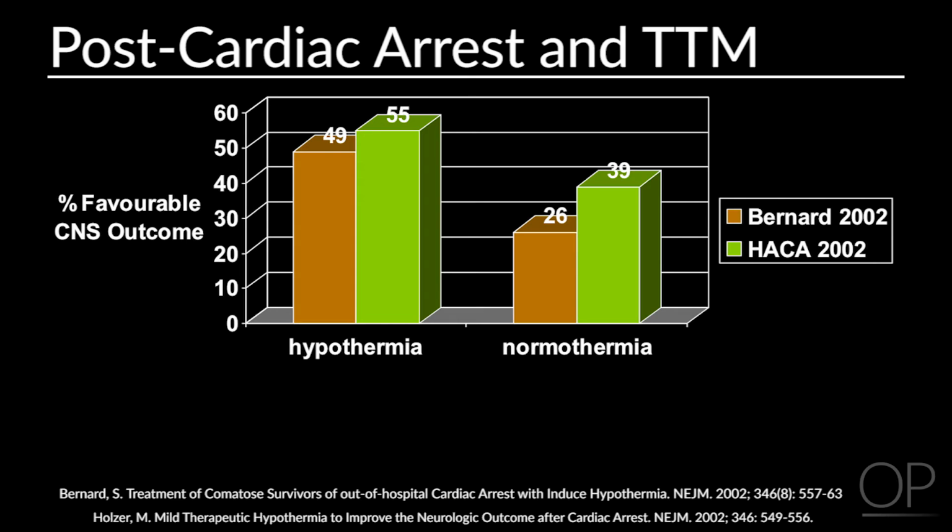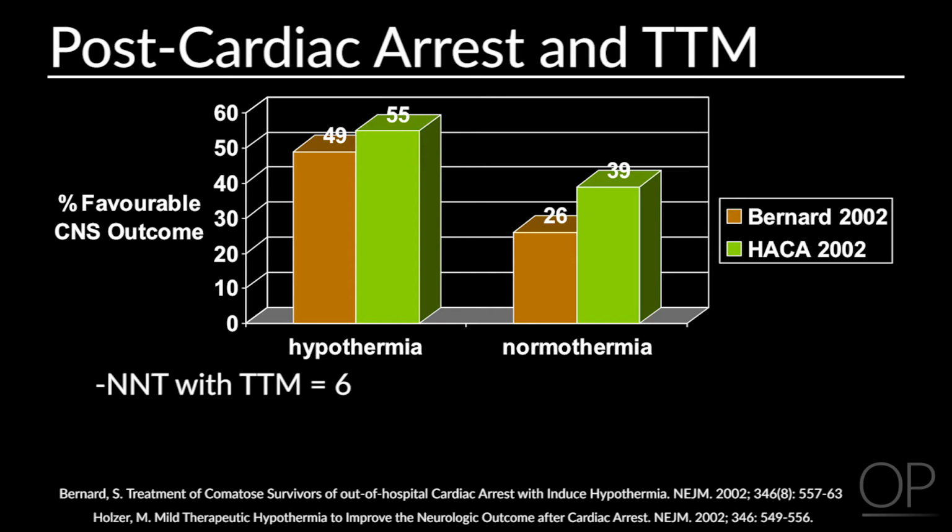Needless to say, with that use of post-cardiac arrest temperature-targeted management, there was significant benefit, both in favorable neurologic outcome as well as in mortality, such that the number needed to treat for favorable neurologic outcome with the use of temperature-targeted management was 6.